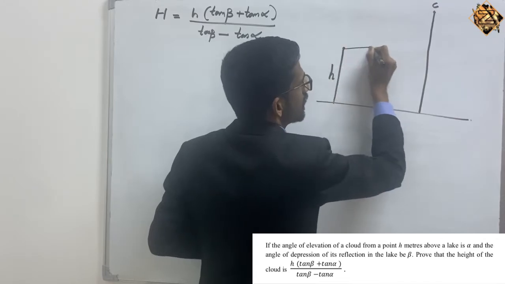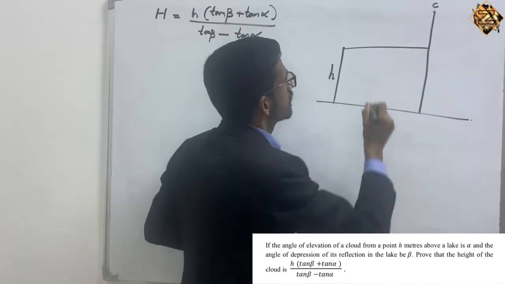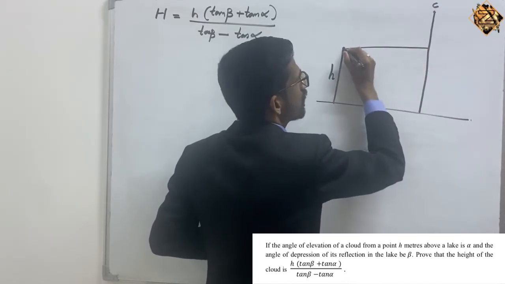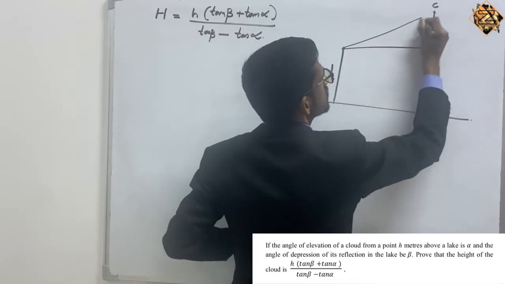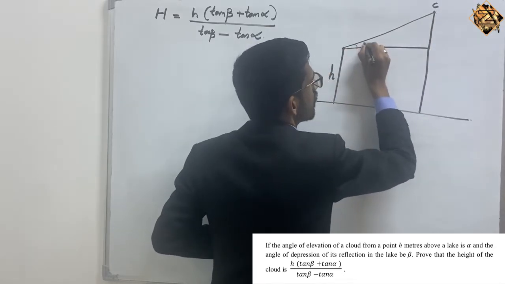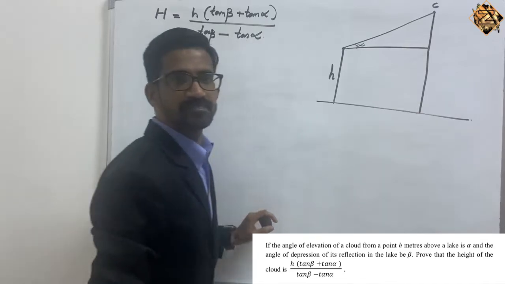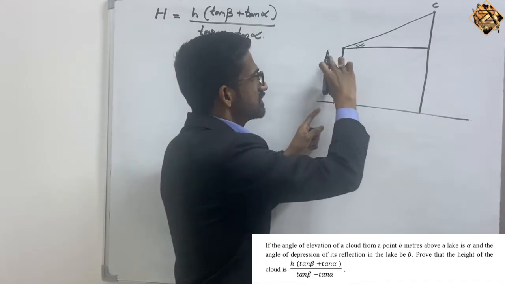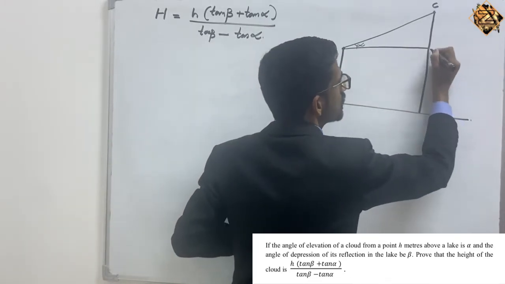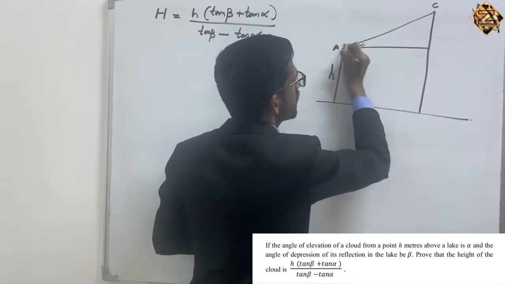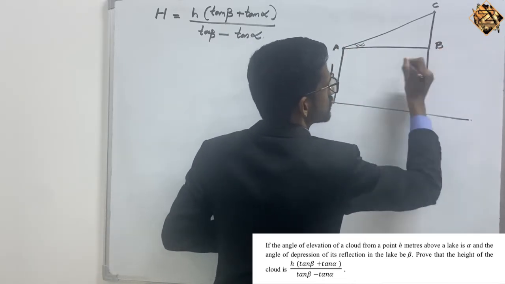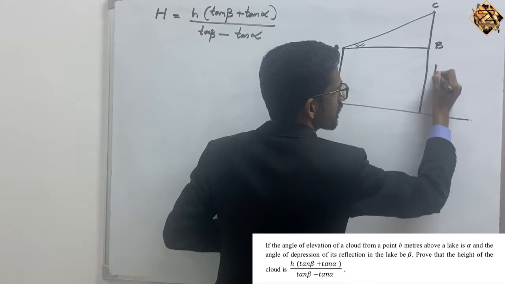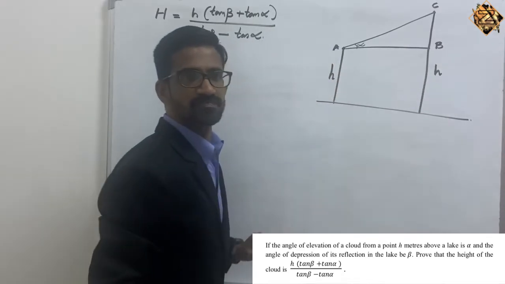We will draw a line parallel to the horizontal line. Now the angle of elevation to the cloud from this point is given, it is alpha. Since here it is h, here also we can take, let this be A, this is B. So here it is the same height h.